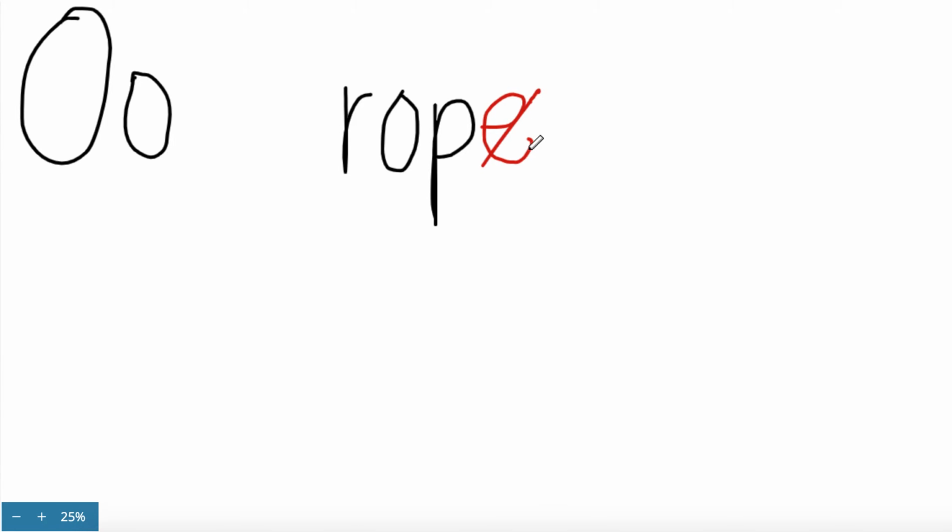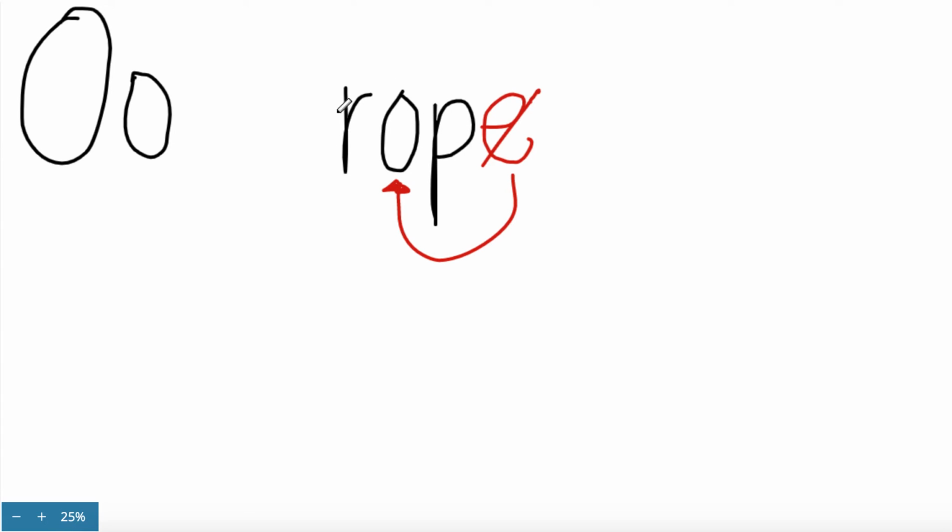But everything changes when I add at the end the magic silent E. And as you see over here, although it does not make any sound, what happens? Think, say it out loud. It is going to what? Good, it is going to change. Its job is to change the sound of this letter.